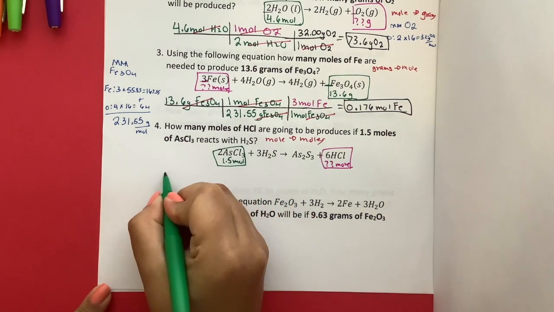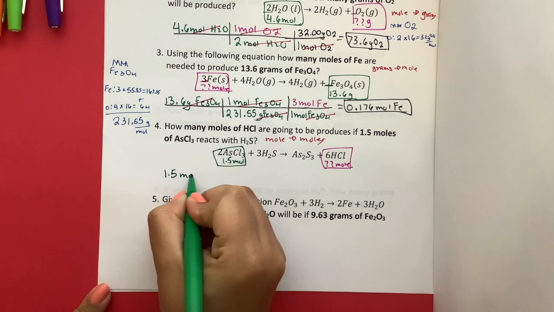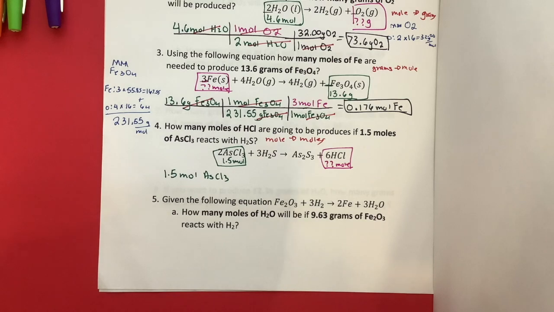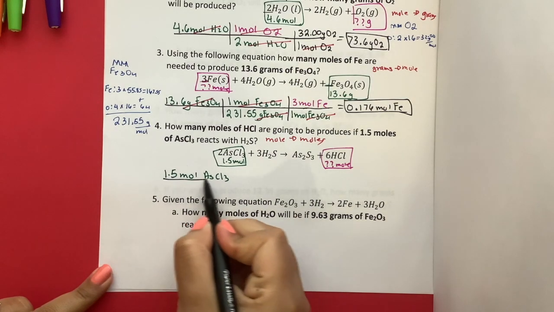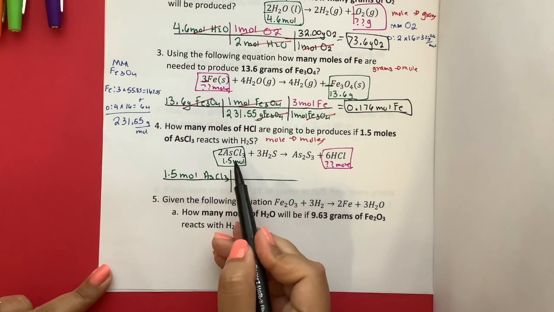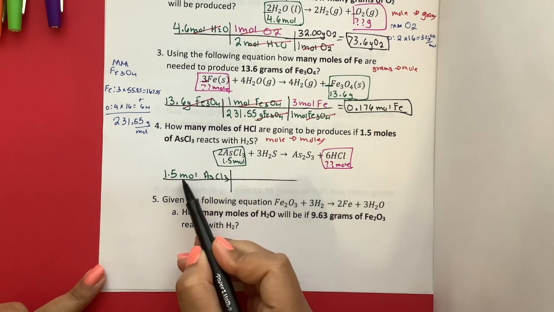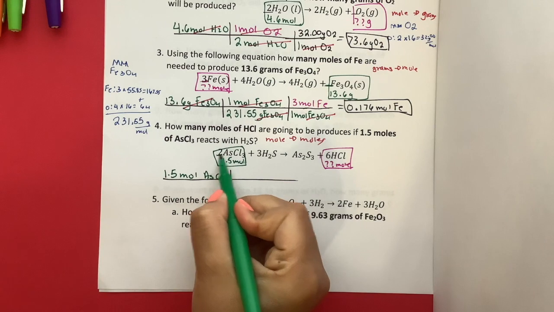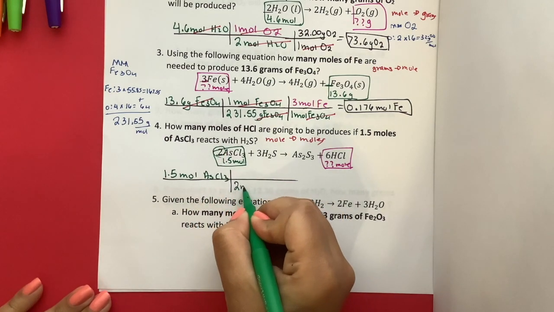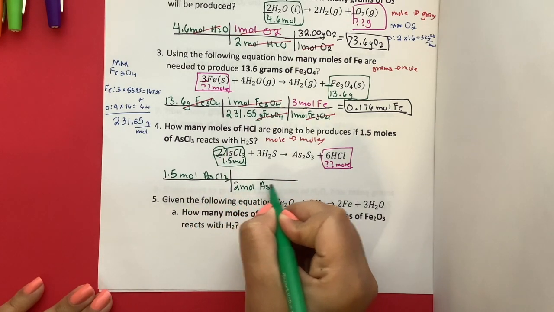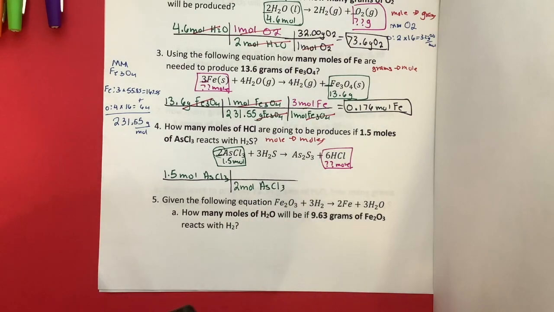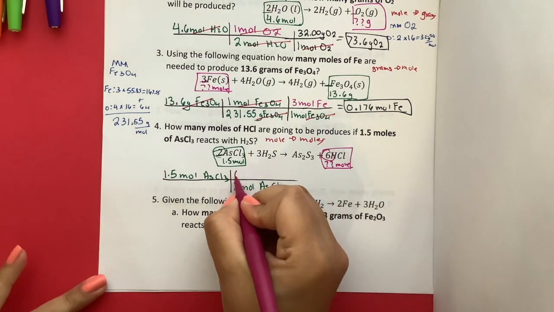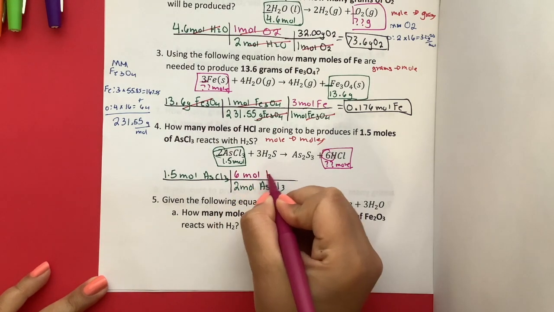Okay, so we start with 1.5 moles of AsCl3. Remember that in all of these problems, we always have to use a mole ratio. And in order to use a mole ratio, we have to be in moles, which we are. So the next step is to use a mole ratio. There's 2 moles of AsCl3 for every 6 moles of HCl.